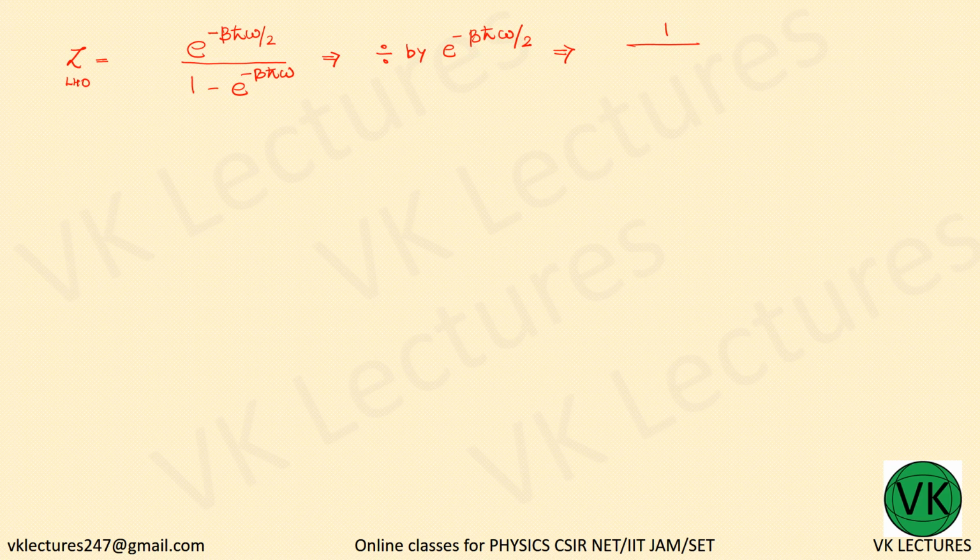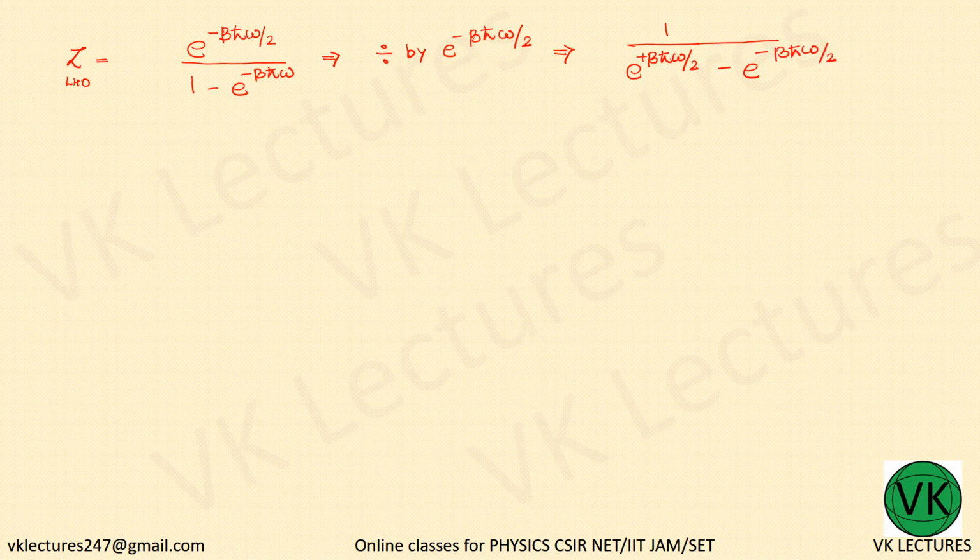Dividing means it will become e to the power plus beta h cross omega by 2, and on the second term we have e to the power plus e to the power minus beta h cross omega by 2.